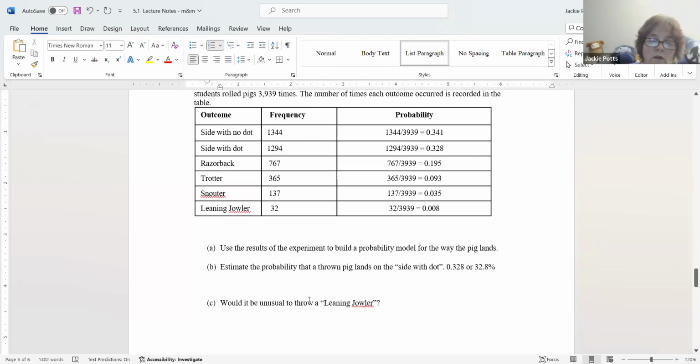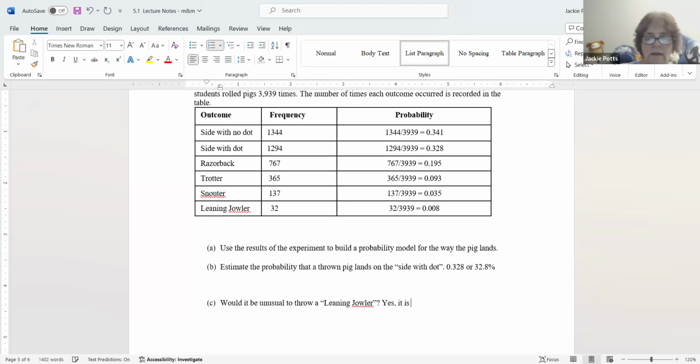Now, would it be unusual for a leaning jowler? Think back. I just told you, what's the cutoff? 0.05. So is 0.008 smaller than 0.05? The answer is yes.